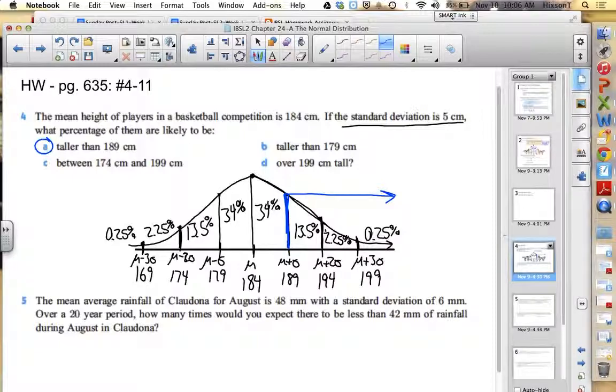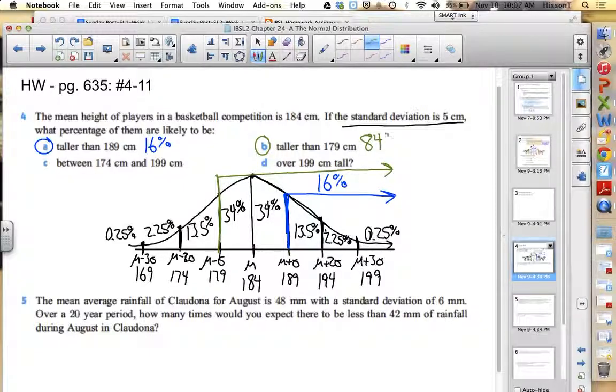This is 2.5 plus 13.5 would be 16%. Then for B, taller than 179 centimeters, 84%. Again, we're going to the right.